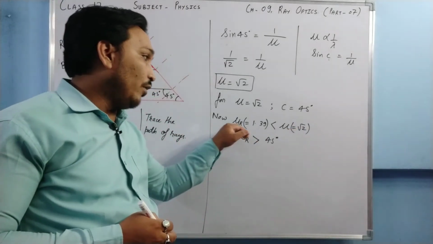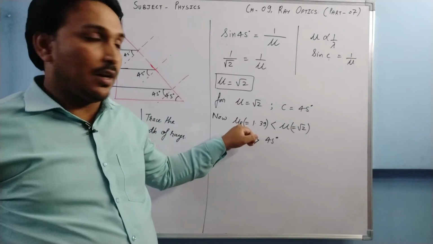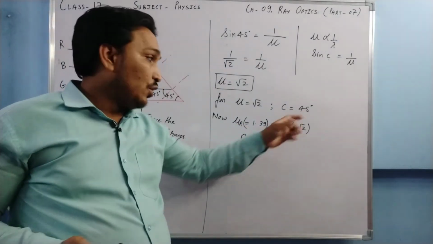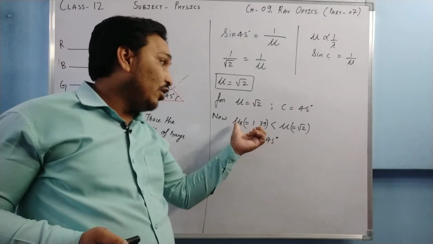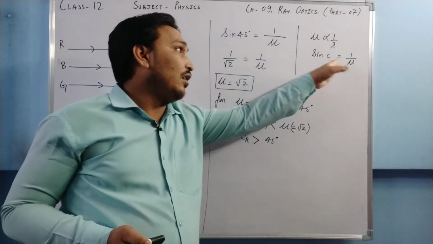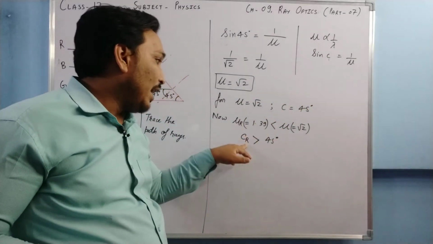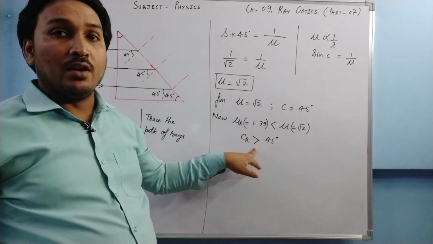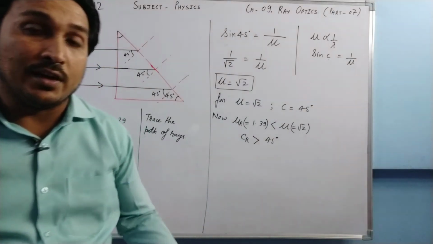For mu equal to root 2, the critical angle is 45. Comparing the two, since angle and refractive index are inversely proportional, here mu is less, so here the critical angle should be greater. So the critical angle of red color is greater than 45.